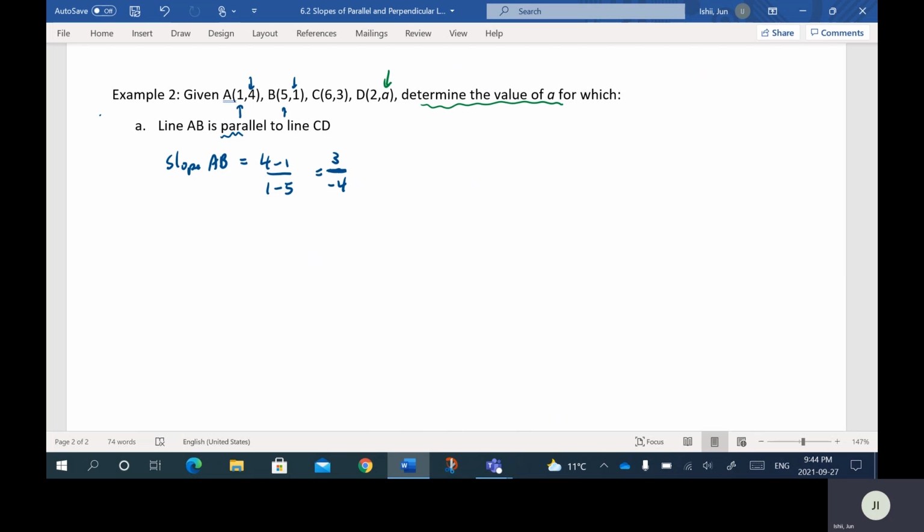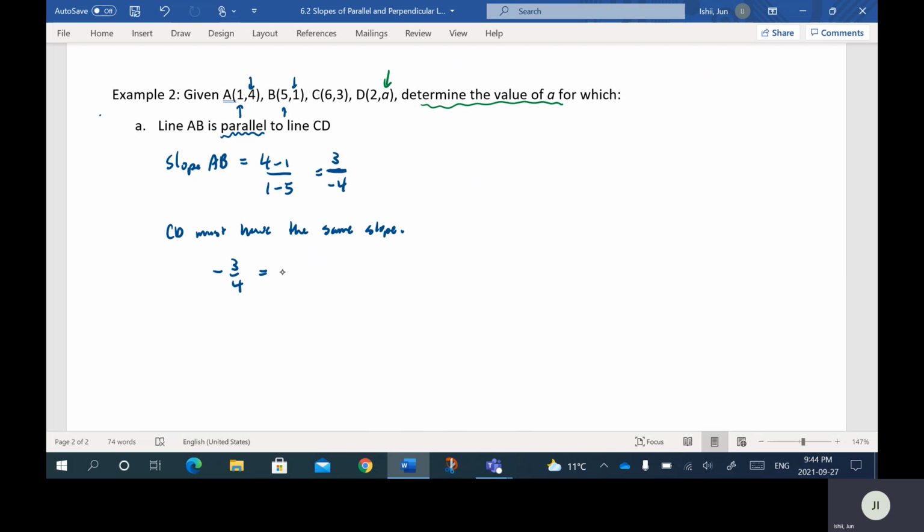Now, in order to be parallel, the line CD must have the same slope. So we know that the slope of CD is also 3 over negative 4, or negative 3 over 4. One side of this equation I'm going to set as negative 3 over 4 because I know that's what the slope of CD must be.